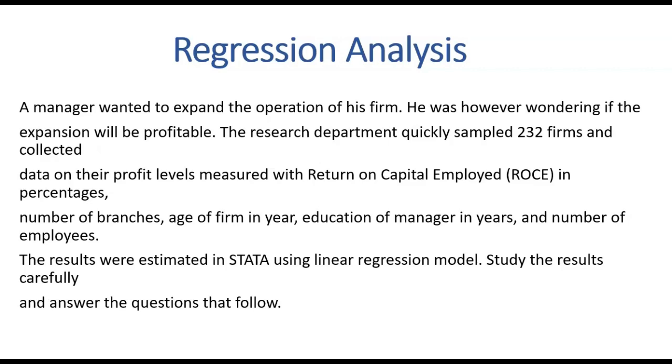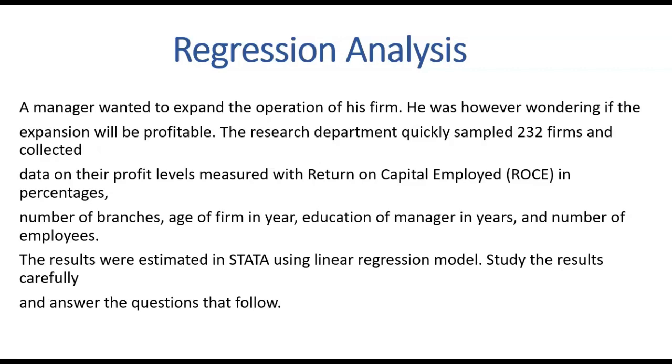So the research department sampled 232 firms and they collected data on their profit levels. And their research focused on the number of branches, the age of the firm, the education of the manager, and the number of employees.